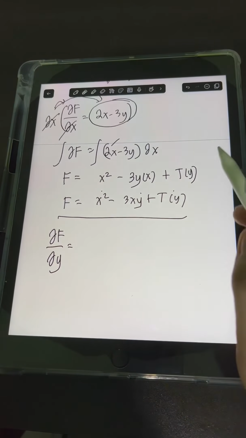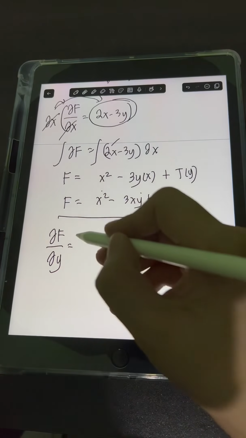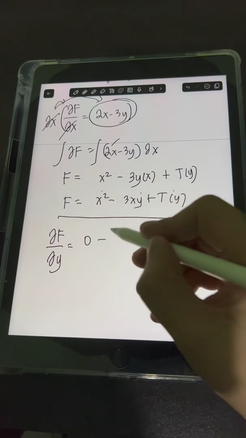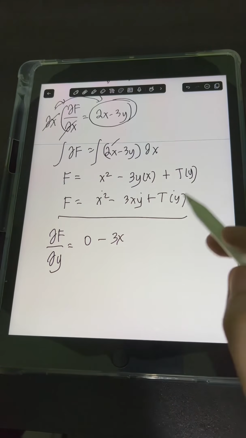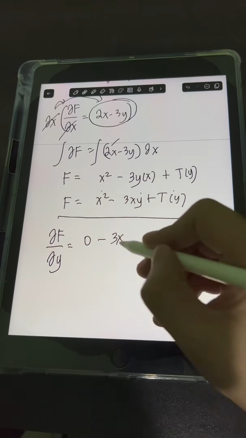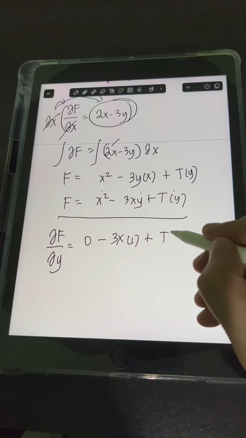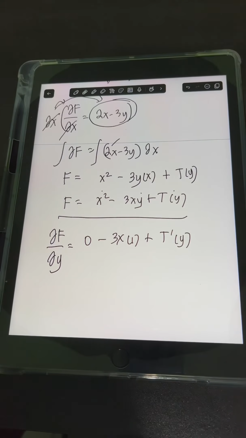So for the derivative of x squared, it's just a constant, so its derivative is 0, minus for 3xy, this 3x is constant, so just copy, then times the derivative of y, 1, plus the derivative of t(y), let's just put it as t'(y).